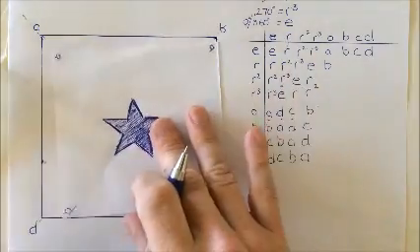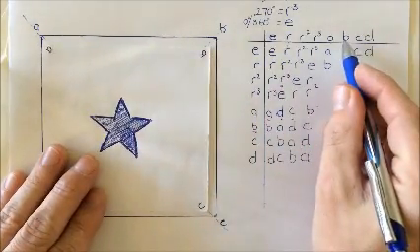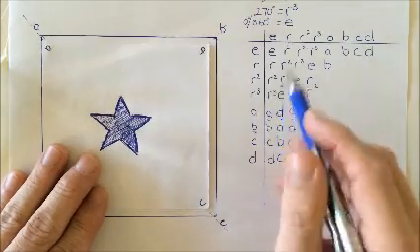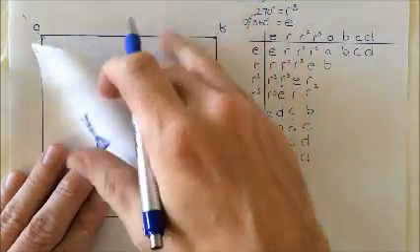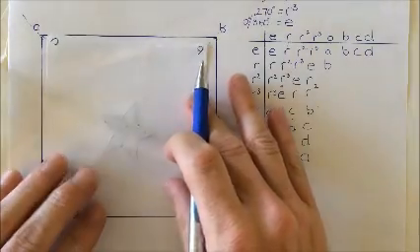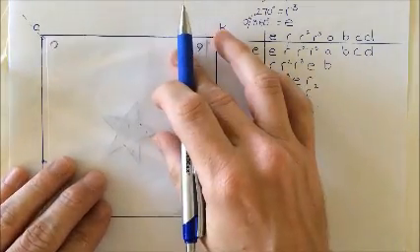Reset, flip along the B axis and take the measurement from B, and rotate once.